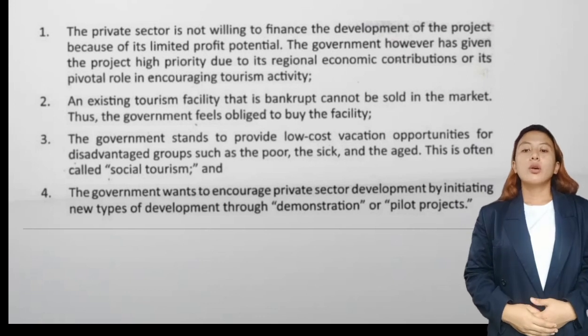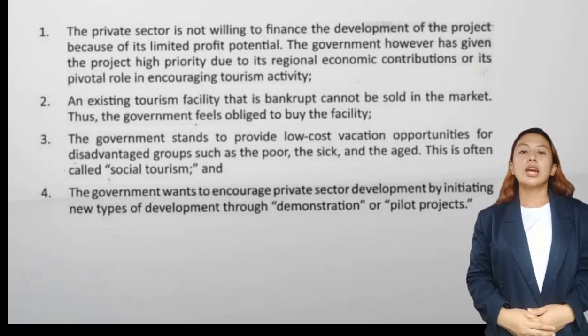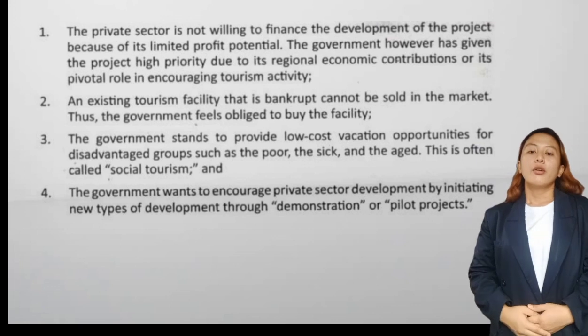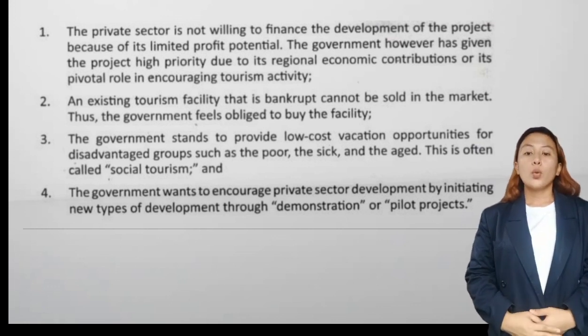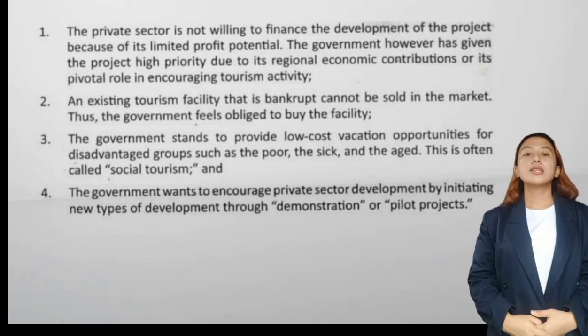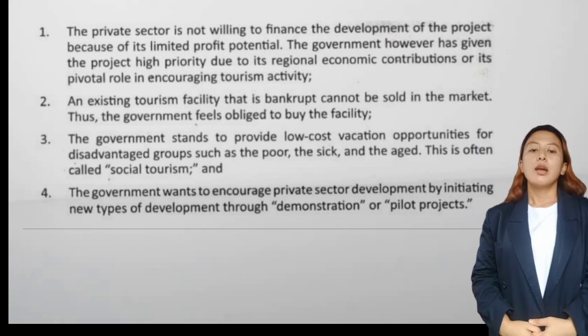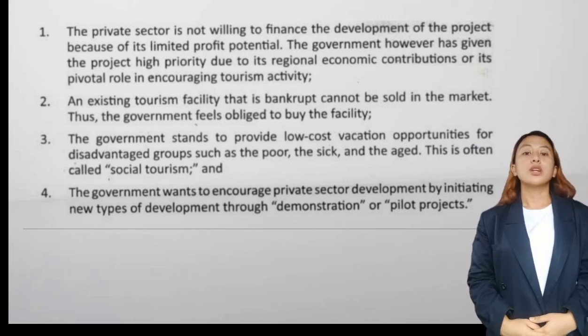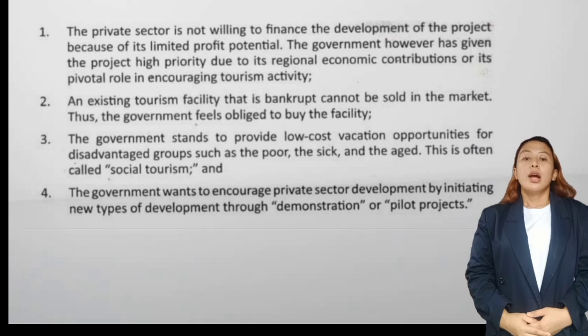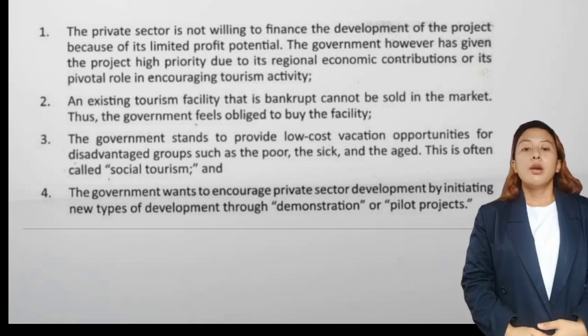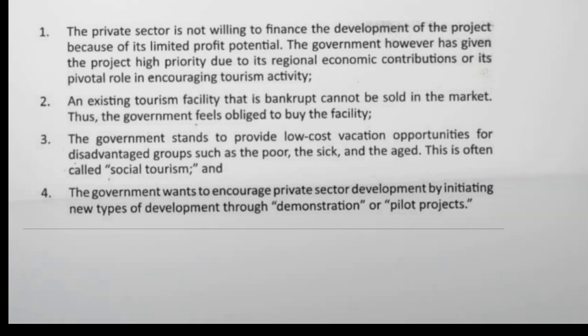This is often called social tourism. And fourth, the government wants to encourage private sector's development by initiating new types of development through demonstration or pilot projects.